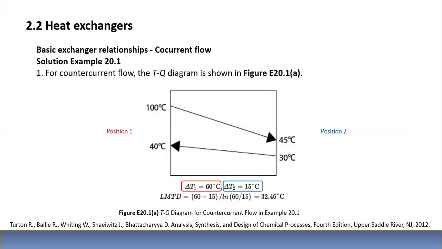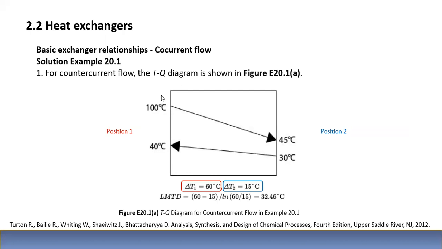For countercurrent flow, the TQ diagram is shown in figure 20.1. So we see that the hot stream is coming in on one side, leaving on the opposite side. The cold stream is coming in on the opposite side, leaving on the one side in position 1. So they are opposite. So this is a countercurrent operation.